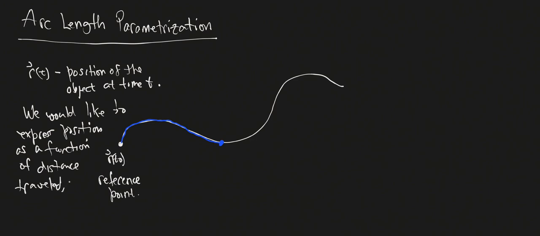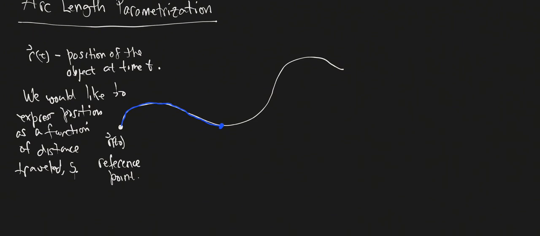That's why we're going to use our little s for distance traveled. We will know the position as a function of time, and we want to change the parameter from t to s. And no, we can't just erase all the t's and put an s there. It has to be consistent with everything that we've previously defined in terms of arc length.